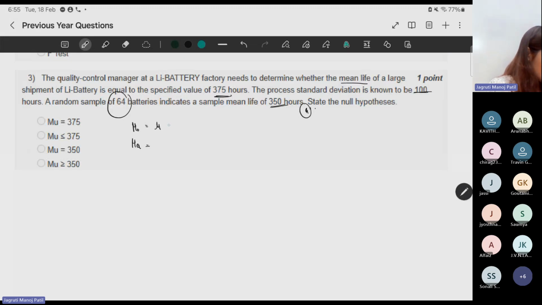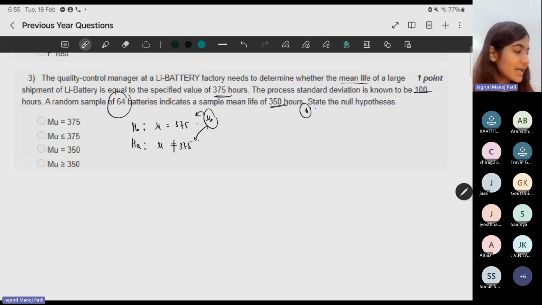So mean life is equal to 375 hours, or it's not equal to 375. This is your mu naught that is given to you. So these are our null and alternative hypothesis.